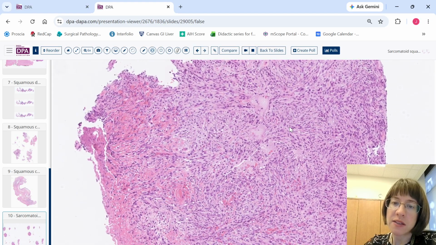a differential diagnosis of sarcomatoid squamous cell carcinoma, or I should say sarcomatoid carcinoma in general. So an epithelial neoplasm that has acquired more of a mesenchymal look to it.